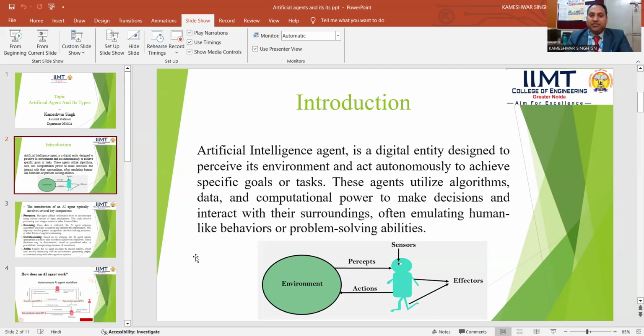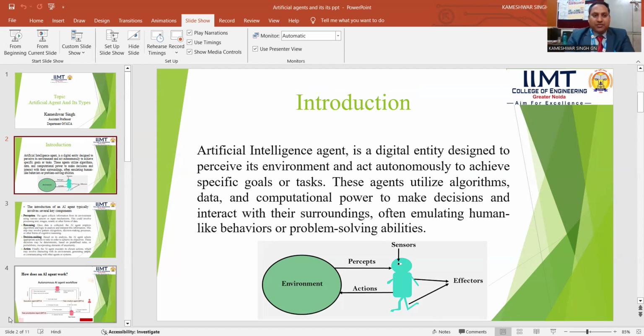Here are some figures: environment, effectors, action, perception, and sensor. Five things are there which make up artificial intelligence. How does it work, the function of artificial intelligence.